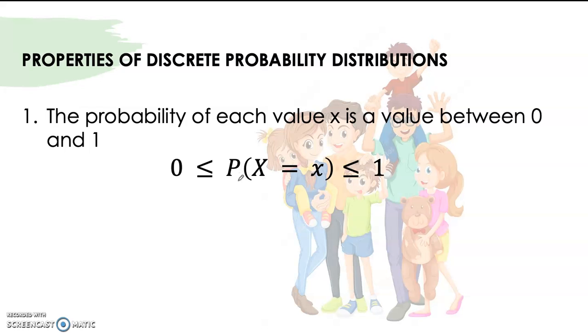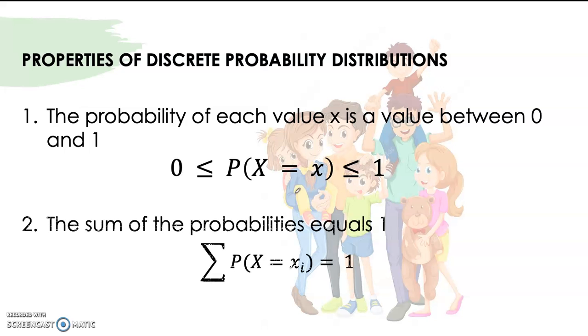So here the symbol says that the probability of each random variable equal to x is between the value of 0 and 1. And the second one, the sum of the probabilities equals 1. So the probability for a random variable equal to xi, if you sum it up, it will equal 1.